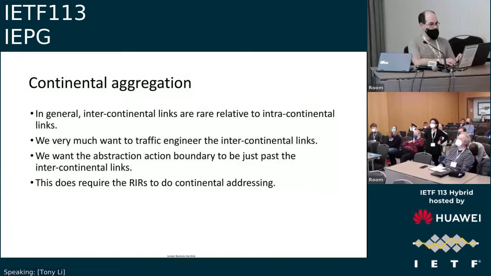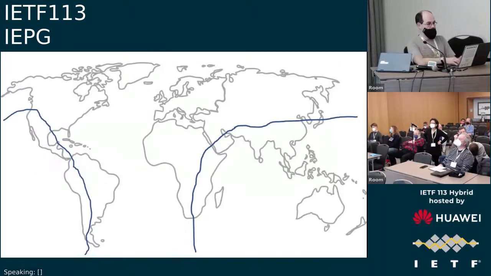We would also kind of like it if the RIRs would do continental addressing for us. So you can imagine, suppose we want to throw an abstraction of Australia, we might put the abstraction boundary several hops past the transoceanic links going to Australia.